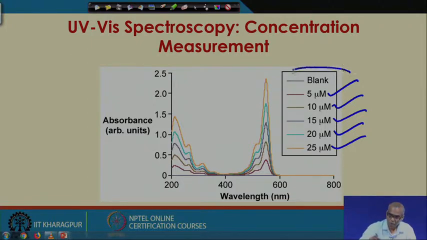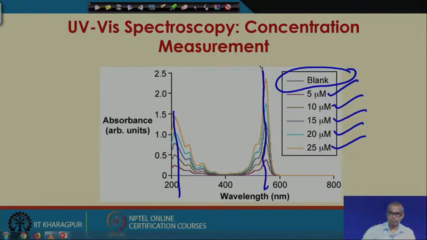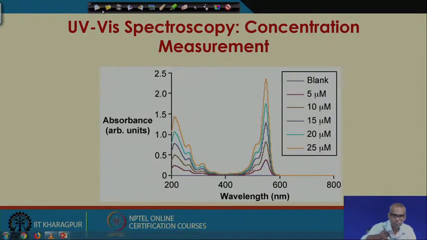I also prepare a blank sample, that means I take only the solvent, but no sample is there. If you look at the absorption spectra, you see that corresponding to this lambda there are some peaks, and corresponding to this lambda again there are some peaks. As the concentration increases, the peak height increases.